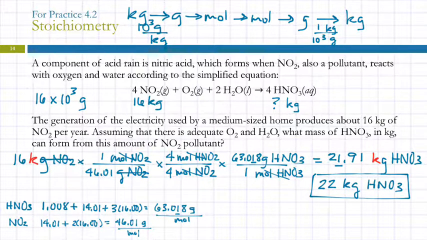Or giving you the volume of a cube and the density, so you have to calculate the mass, and then getting a mass at the end. Or giving you pounds and asking you for ounces and making you do English metric conversions in between. I mean, there's all kinds of things that could happen. And so you need to understand how to convert units, how to do stoichiometry, and how to put those two ideas together. That's very important.